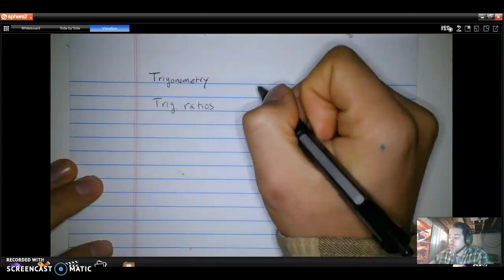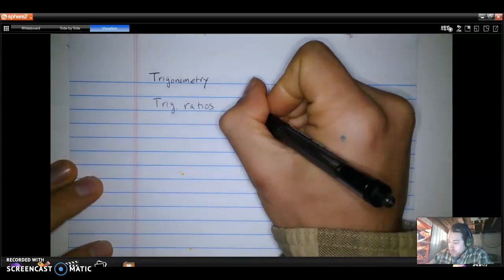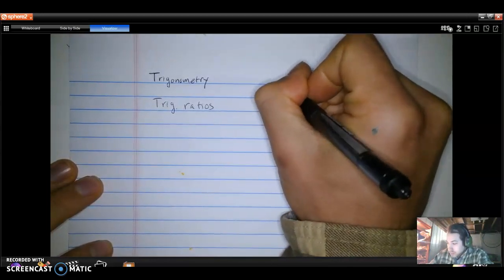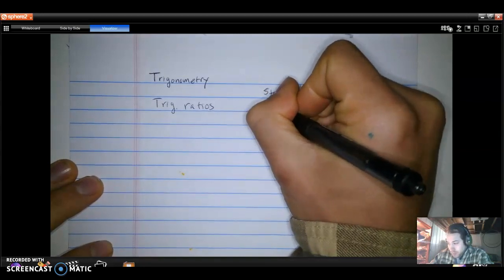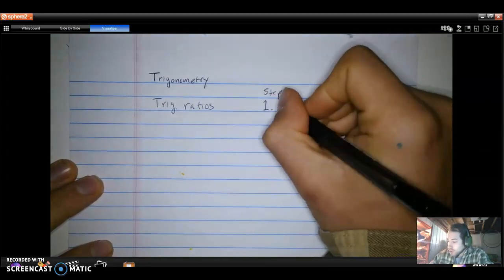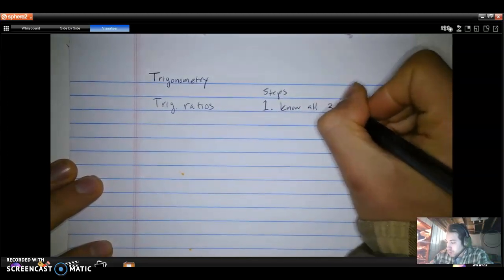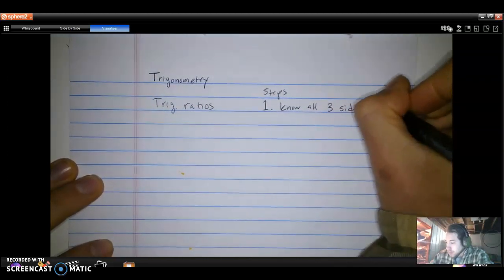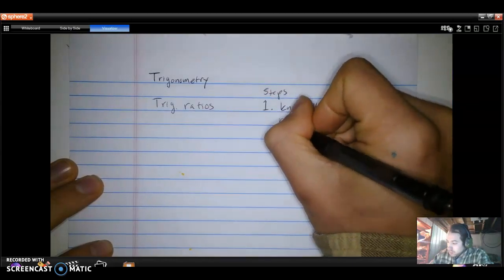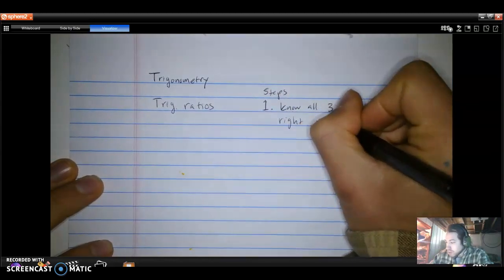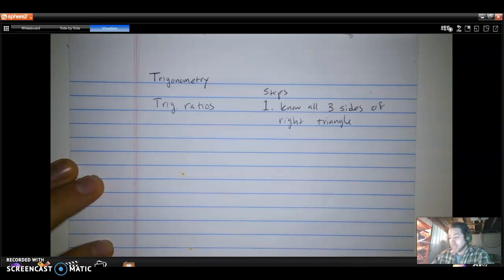Now, the steps you want to do when working with trig ratios are the following. First, know all three sides of the right triangle.